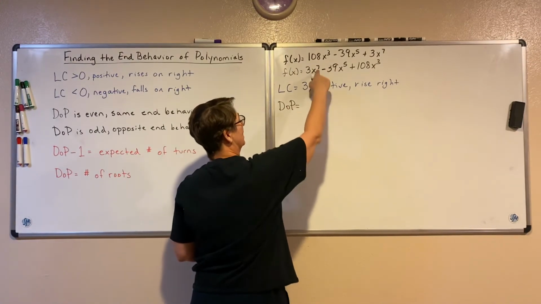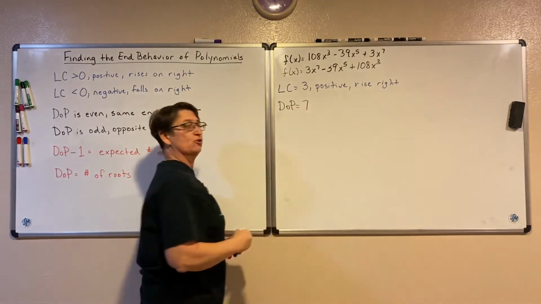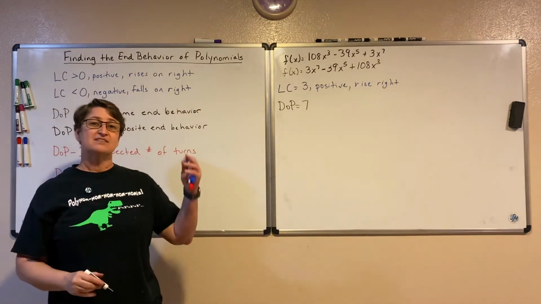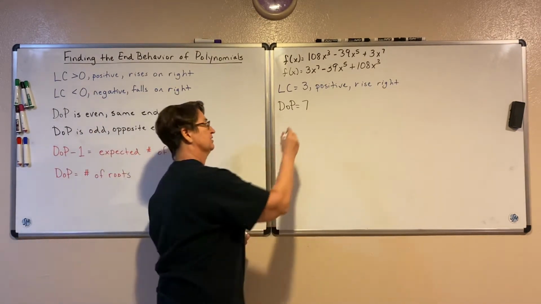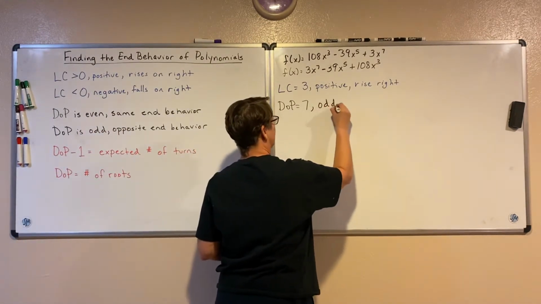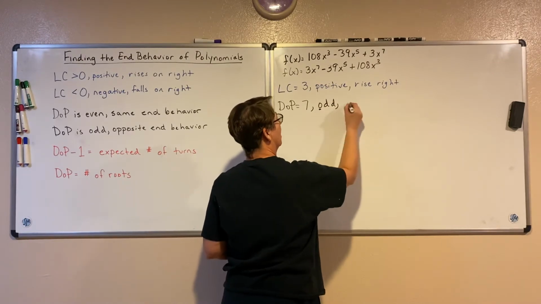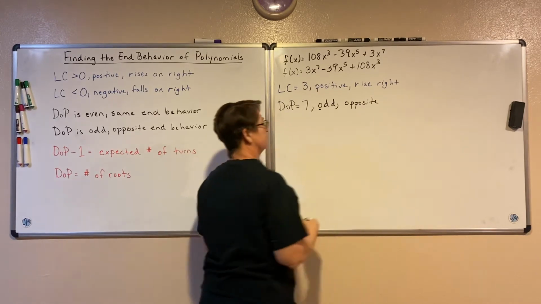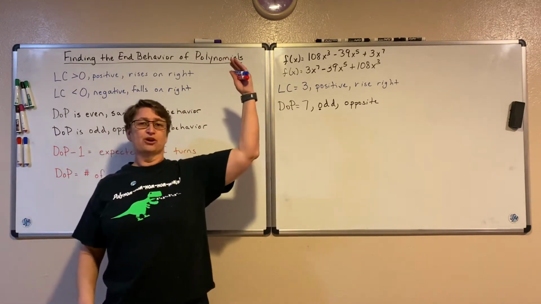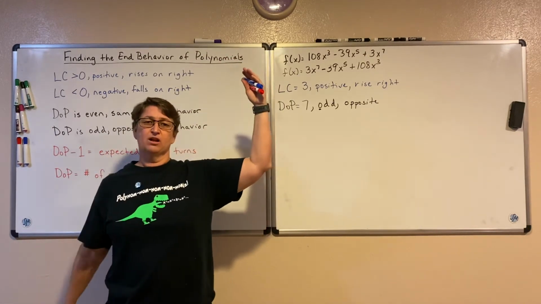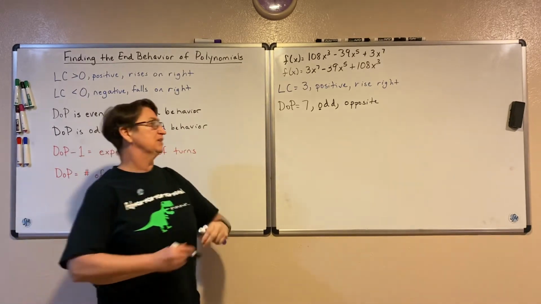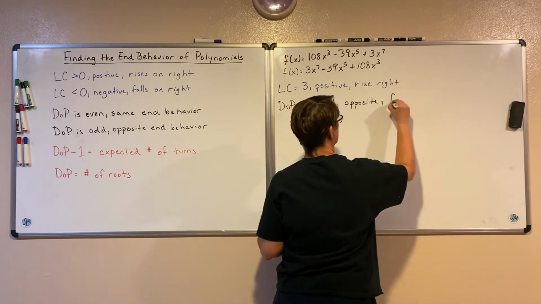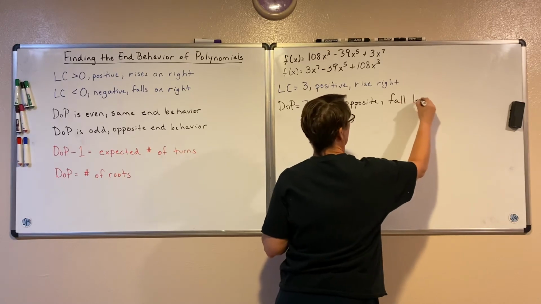In this case, my degree is 7. Because that 7 is odd, I know I'm going to have opposite end behavior. So if it's rising over here, then on this side it must be falling. So therefore it's going to fall on the left.